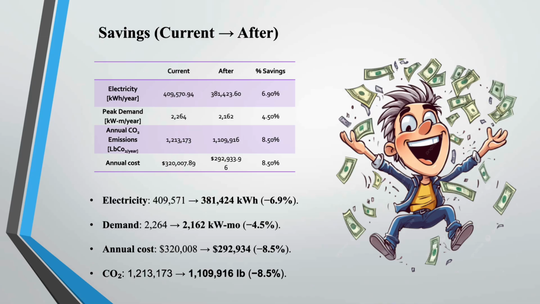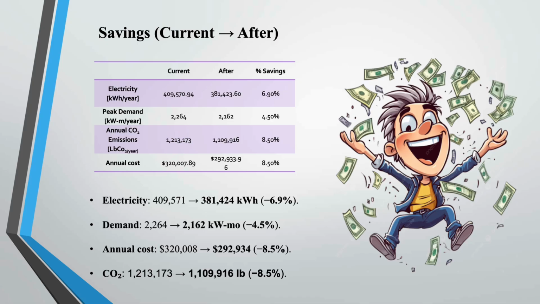This table summarizes the total impact of all five measures combined. For the key reductions, electricity: we reduce the consumption by 6.9%. For the demand, we lowered the peak demand charge by 4.5%.